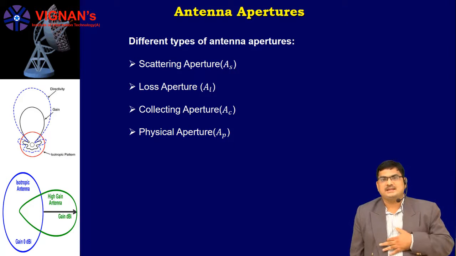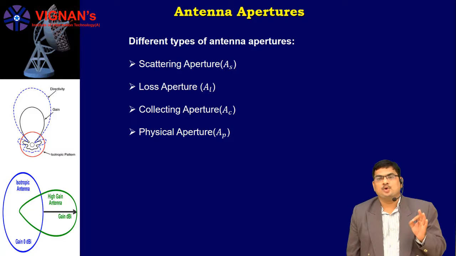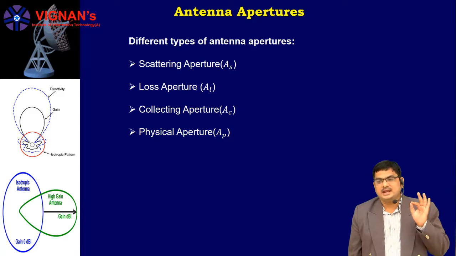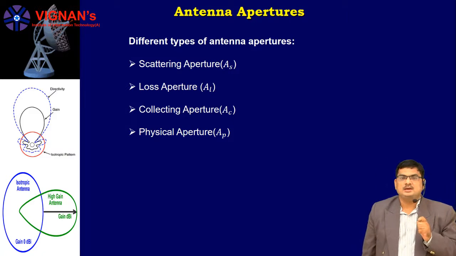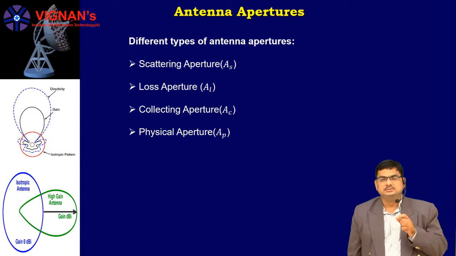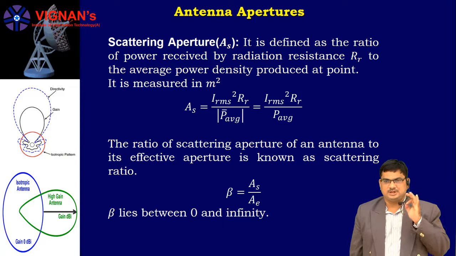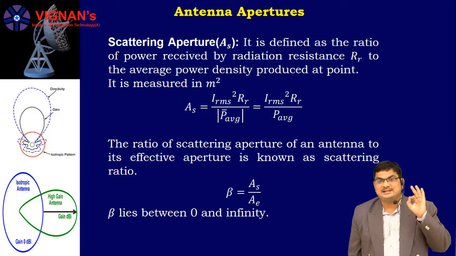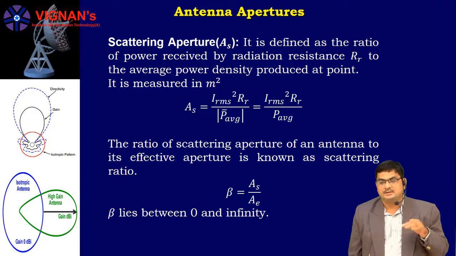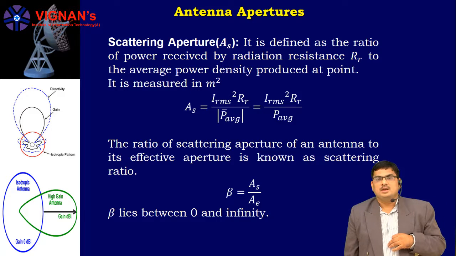It is defined as the ratio of power received by the radiation resistance to the average power density at that point. It is measured in meter square.